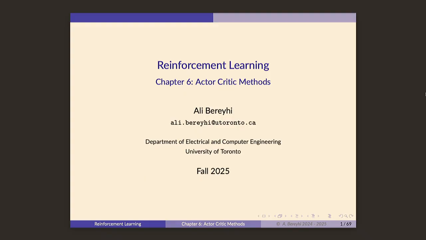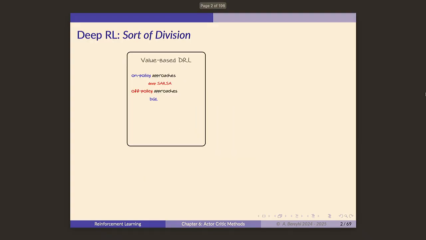So let's first start with the first part, which is basically what we know. I guess we had this kind of division at the very first. I told you that we have two different approaches in general for reinforcement learning. Some of them are based on the value. Some of them are based on the policy.